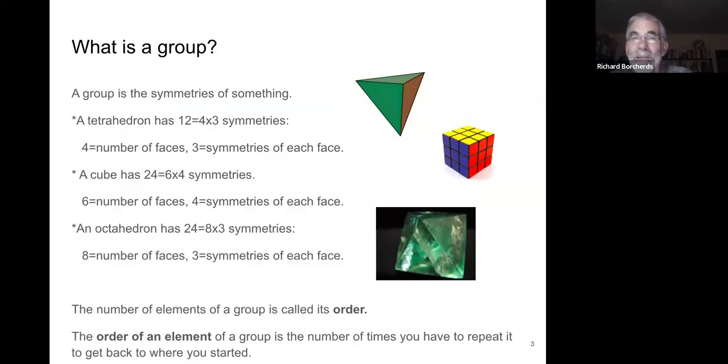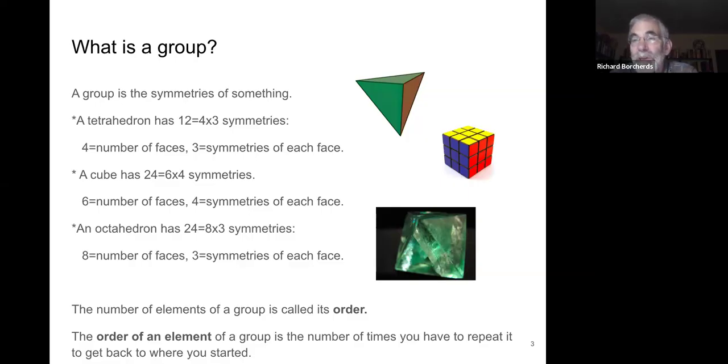So if we take an object like a tetrahedron, which has 4 triangular faces, you can see it's got 12 symmetries because you can pick one of its 4 faces and then rotate by 3 things on each face. Altogether, there are 12 ways to pick up a tetrahedron and put it back in the same place. Similarly, a cube has 24 symmetries.